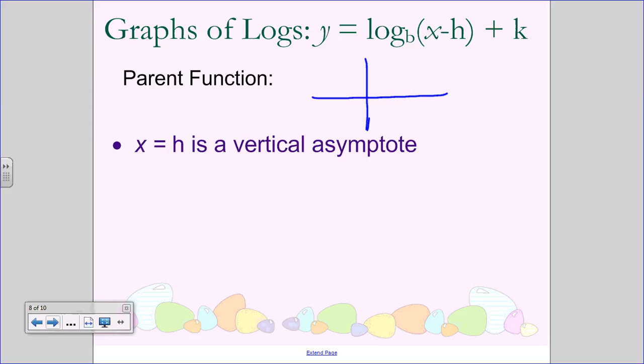It's going to look more like this, and it's going to get closer to this vertical asymptote of x equals 0, and then increase as x goes on, logarithmically. It's going to keep going, and it's going to look like it's leveling out.